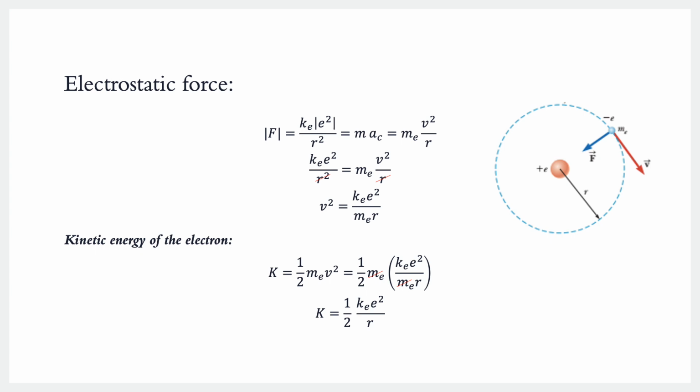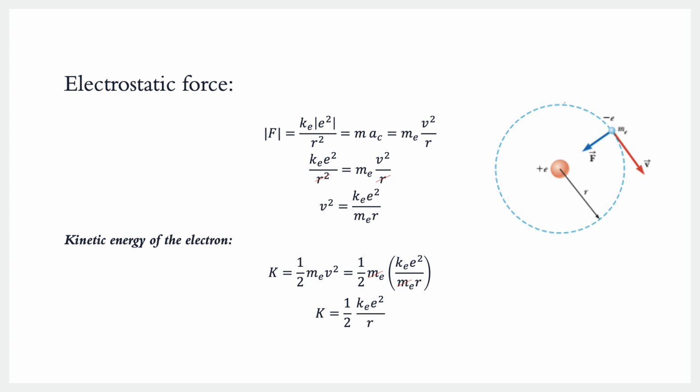The electron is modeled as a particle in uniform circular motion. So the electric force ke squared over r squared exerted on the electron must equal the product of its mass and its centripetal acceleration, that is v squared over r. So v squared is equal to ke squared over m times r.